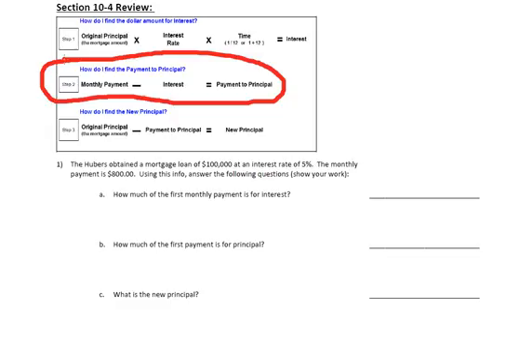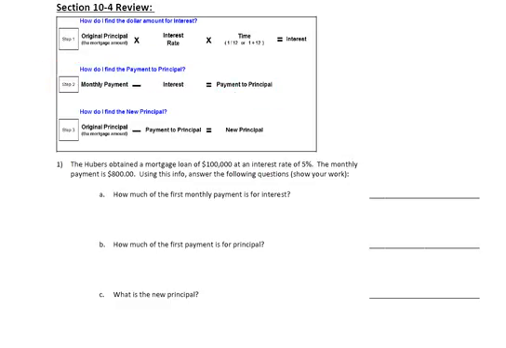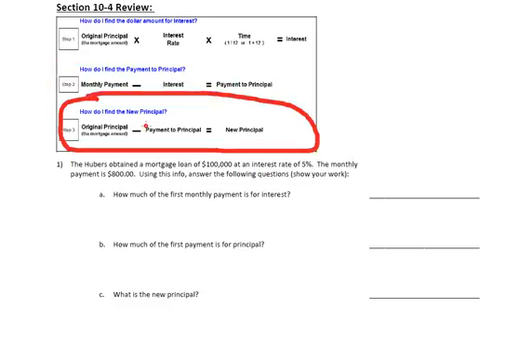We're talking about the actual amount of money that you've borrowed, the actual amount of money that you still owe the bank or the mortgage company. So once you know how much money you're actually paying off on your loan, you can then calculate the last step, which is the new principal. In other words, the new dollar amount that you currently owe the bank.